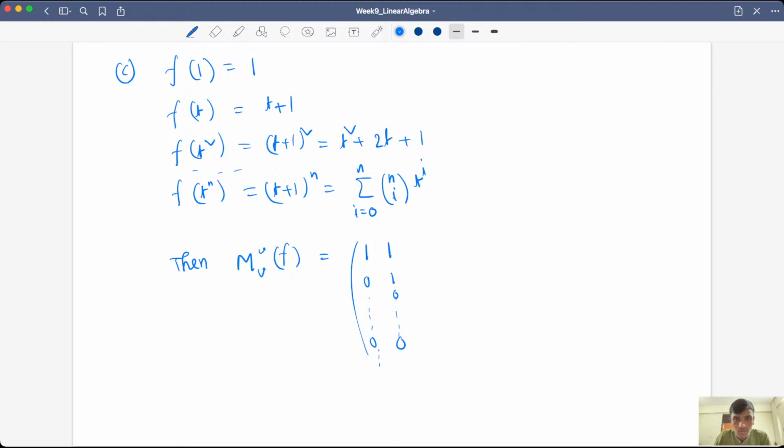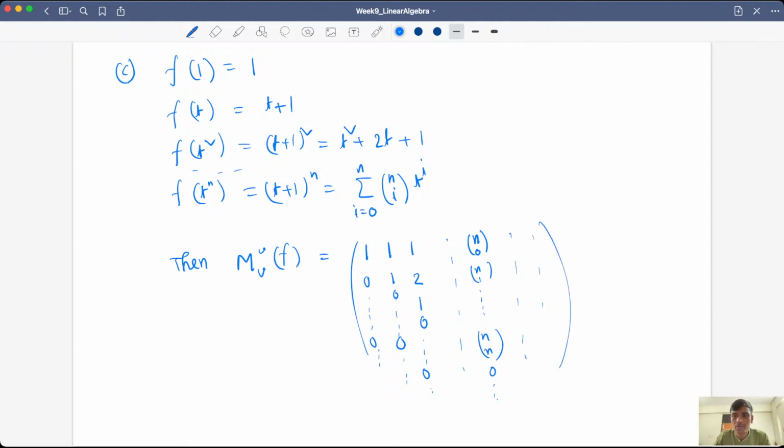For the third one, this is again 1, 2, 1, right? The remaining are again 0. And at the nth step, you get the first is n choose 0, the second is n choose 1, and so on up to n choose n, right? The nth row. In this way you will get the matrix with the remaining entries 0.